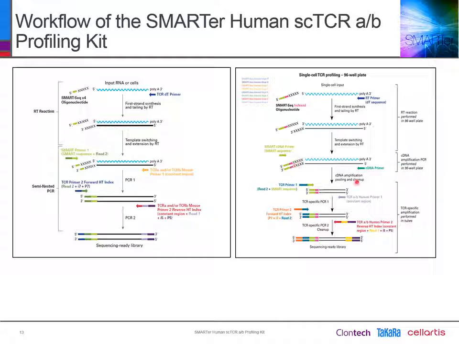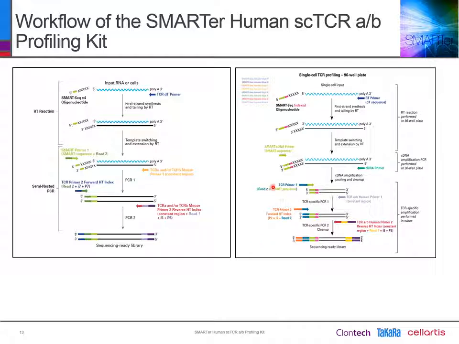So therefore, we have this additional step where we then get enough cDNA to move into the next step. Now, what we do here is after the cDNA amplification, we do a pooling, which I will explain in the next slide, where we take the 96 samples and pool them into 12 to move into the TCR-specific amplification. So just let me briefly review what happens here.